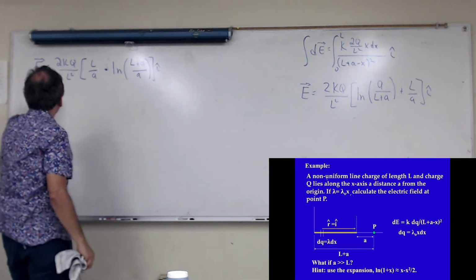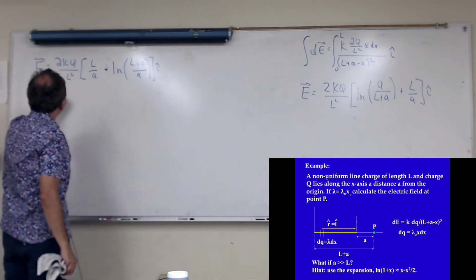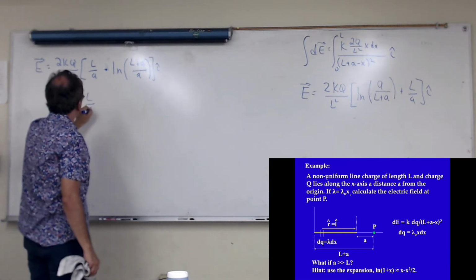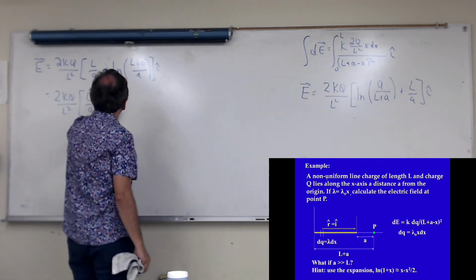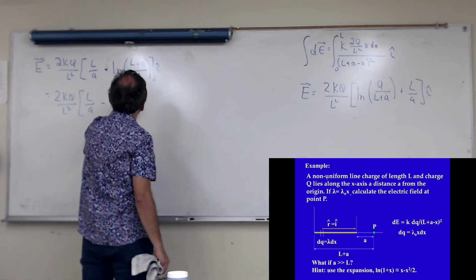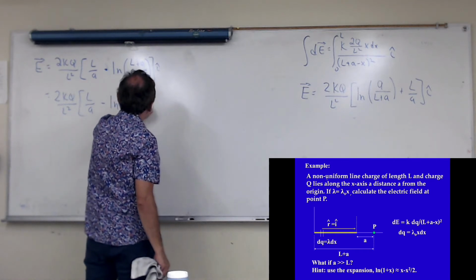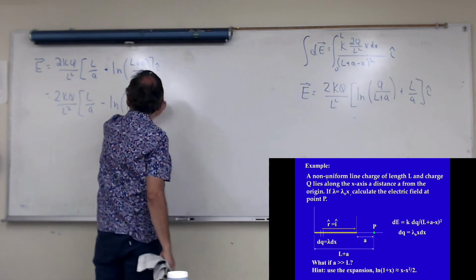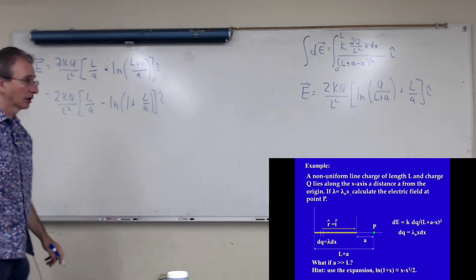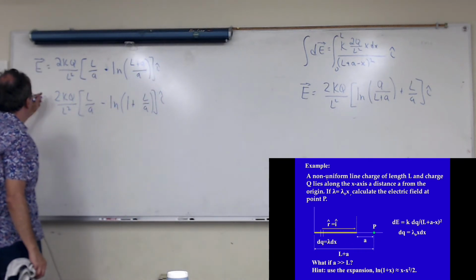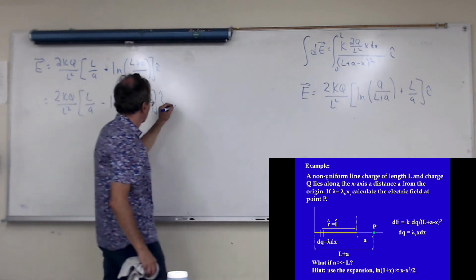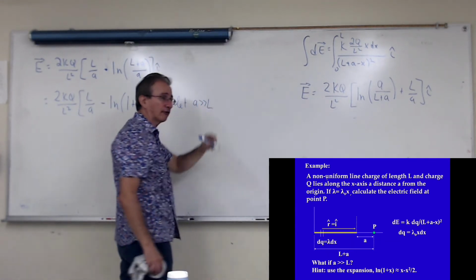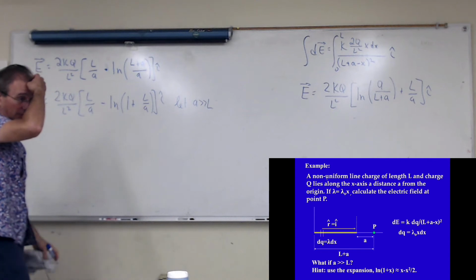Let me do one more thing with it. Okay, so I rewrote the electric field, and I want to let A be much, much bigger than L. We're really far away. It's supposed to look like a point charge.